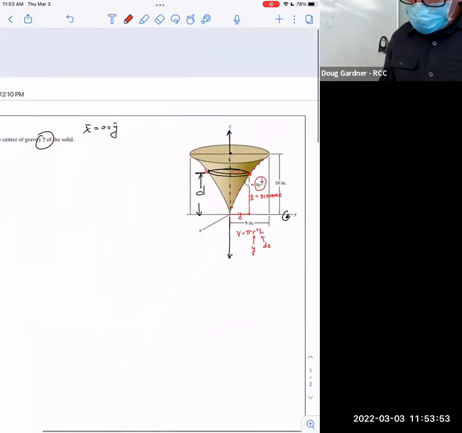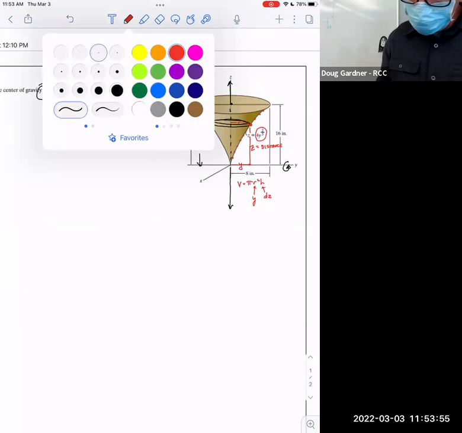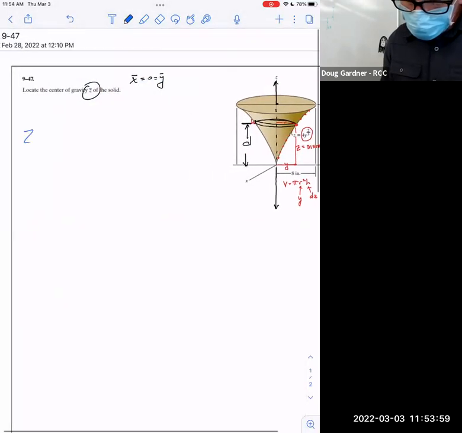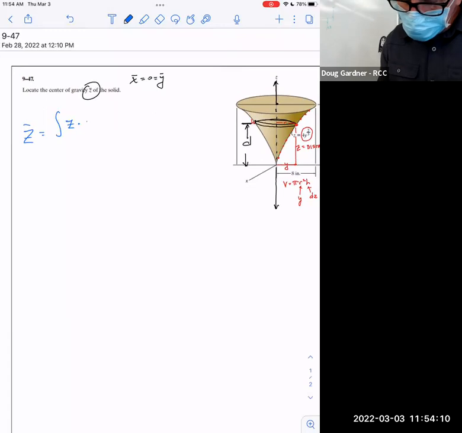So armed with all of that wisdom, you could then say, to say it in the language of this, z bar would be equal to the sum of the distance, which is z, times that volume, which we just said was pi times radius squared, but radius we switched with y, times h, which is dz.